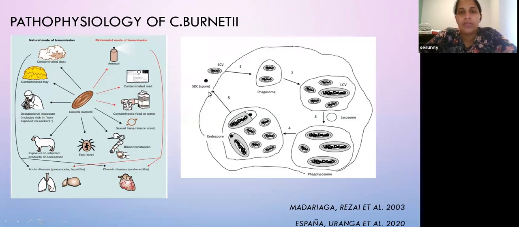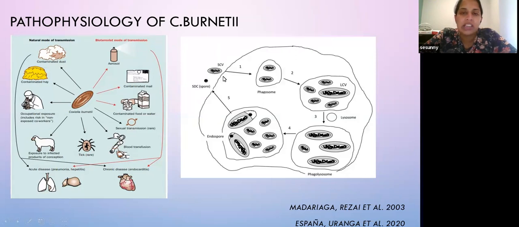So what actually happens from a molecular level for us in the human to propagate infection? Here, this is just a very simple diagram that illustrates the various forms of Coxiella from a molecular point of view. So you have the human that inhales the spore or inhales the organism. What happens then is that the structure of the organism that we inhale is actually what we call the small cell variant.